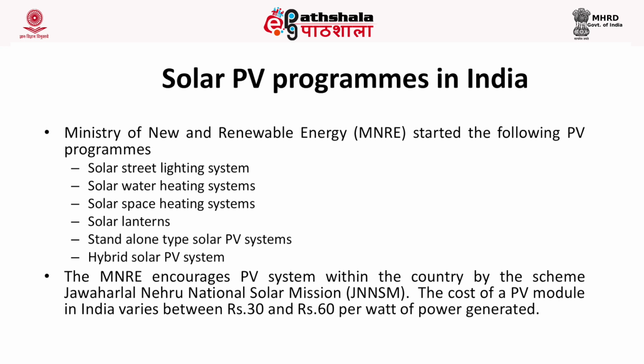The cost of a PV module in India varies between 30 rupees and 60 rupees per watt of power generated. Over the coming years, R&D will develop and this cost may be further reduced, making it more cost effective.